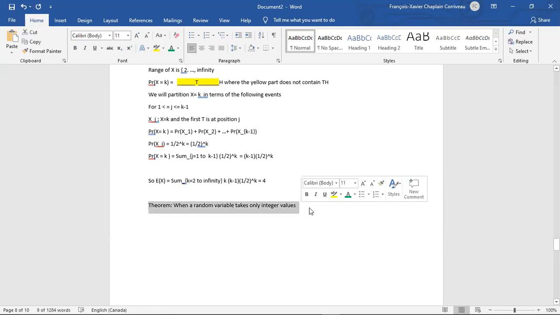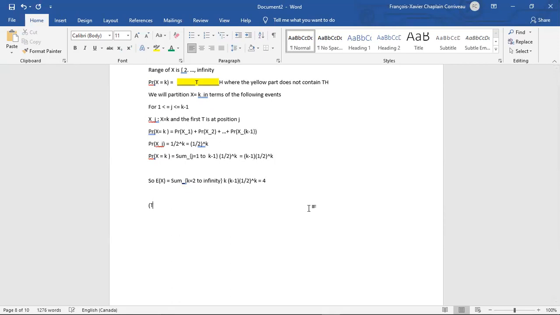So if you want, try to do this question with the theorem, exercise 6.31. That's another way, and sometimes it's a very useful theorem to have.